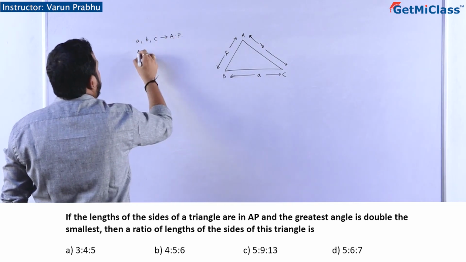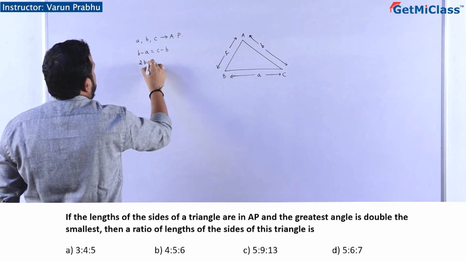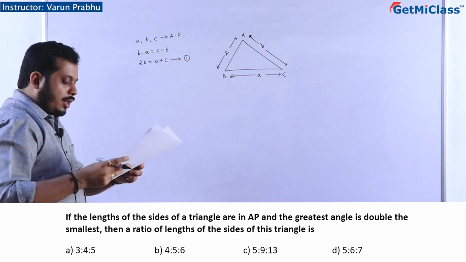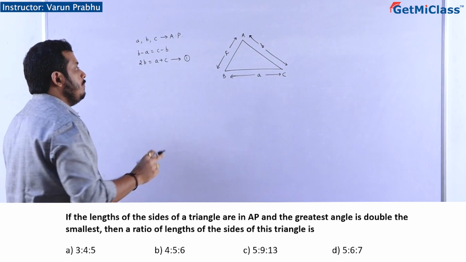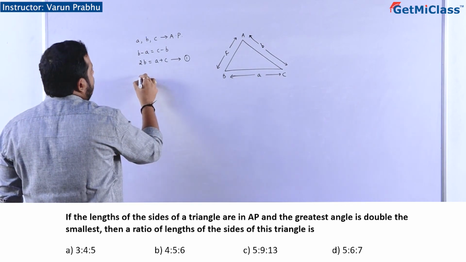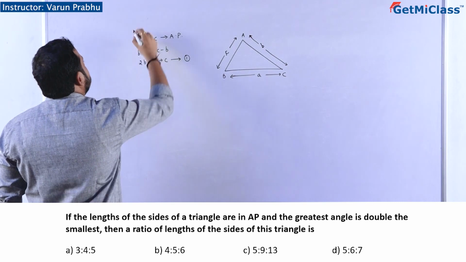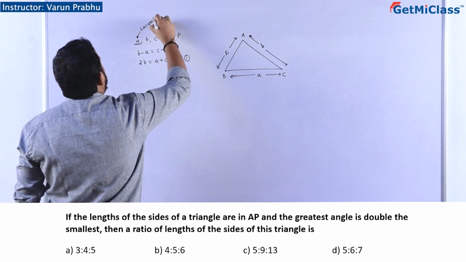a, b, c are in AP. So I can say b minus a is equal to c minus b, so 2b is equal to a plus c. And it is also told in the problem that the greatest angle is double the smallest angle.